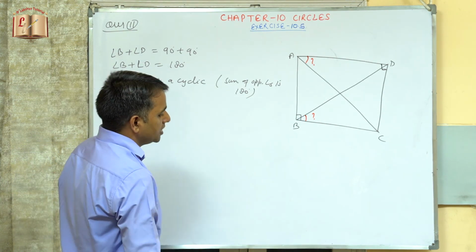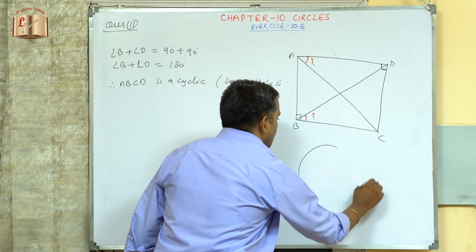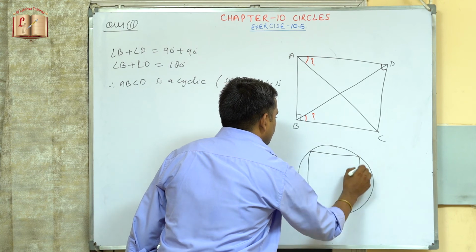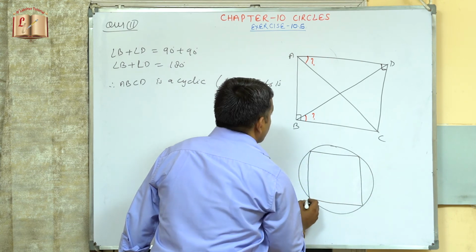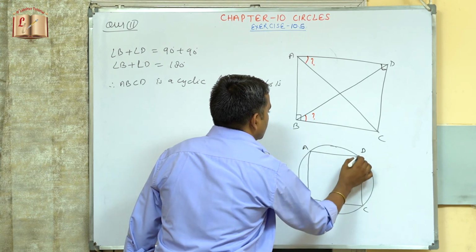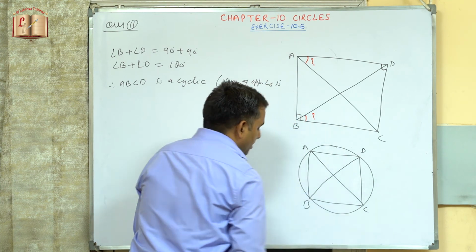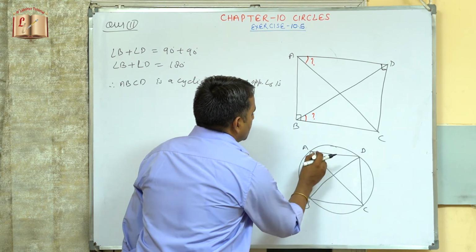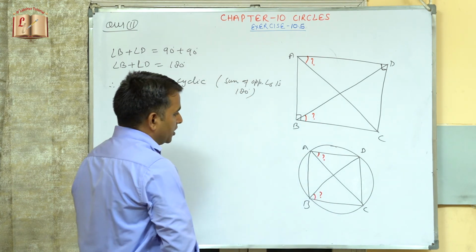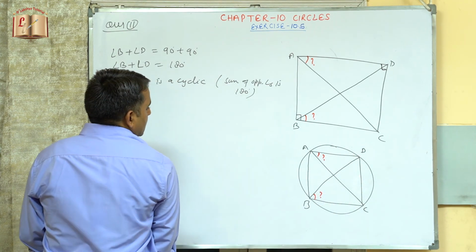Now once this is cyclic, it will be like this. So this is now B, C, D and A. If we join this and this, it will be with the common chord. So we need to prove this angle and this angle as equal. Once they are cyclic, we can take this chord CD.